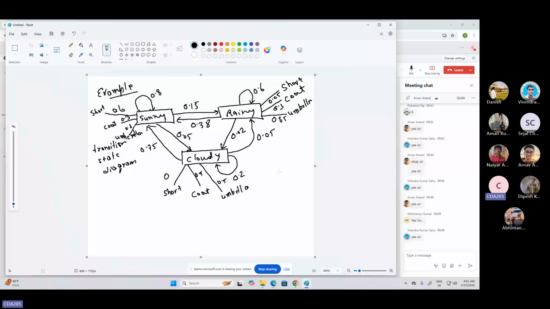Okay. Now, initial probability is given: sunny 0.75, rainy 0.2, and cloudy is 0.05.